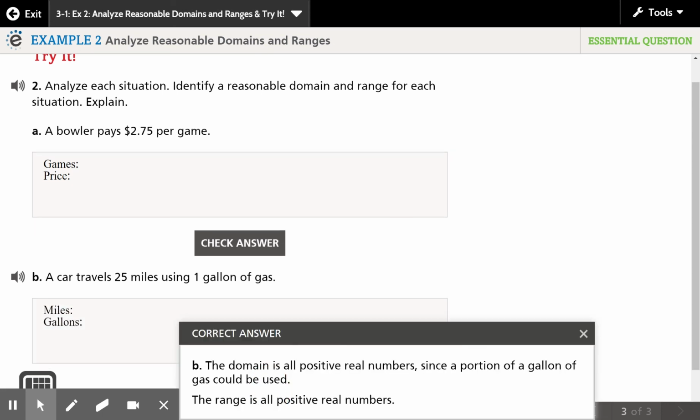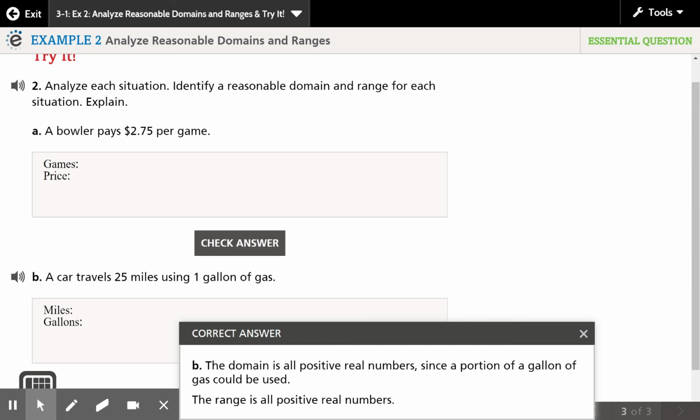So once again, the domain is all positive real numbers, since a portion of a gallon of gas can be used. What that means is I can use a quarter of a tank, a half a tank, 0.8 part of a tank, and then the range is all positive real numbers. I can drive 2.8 miles.